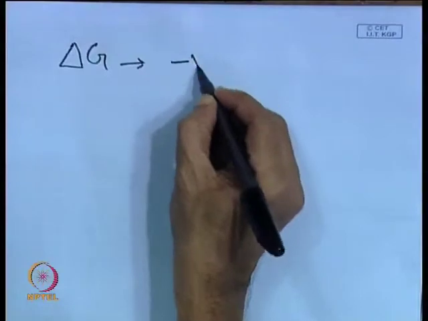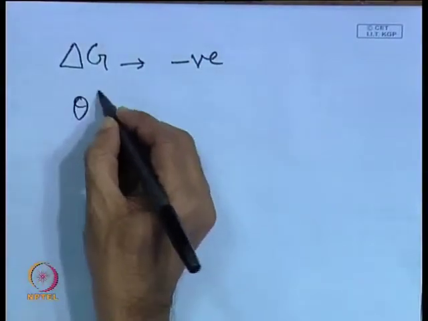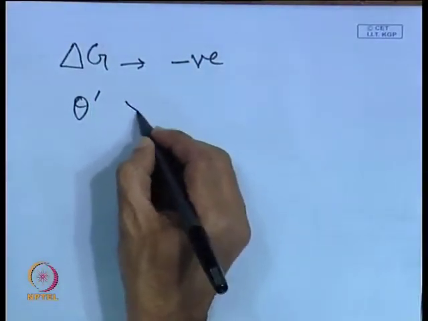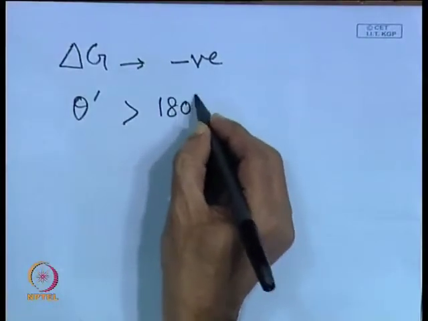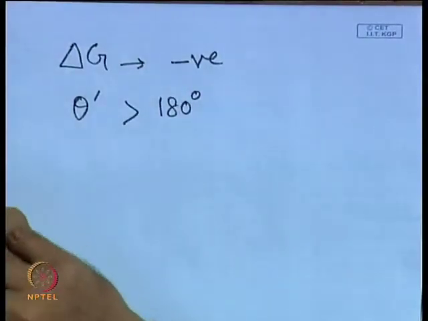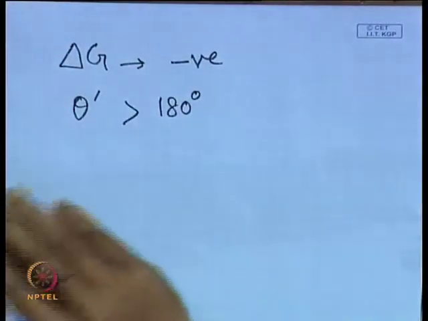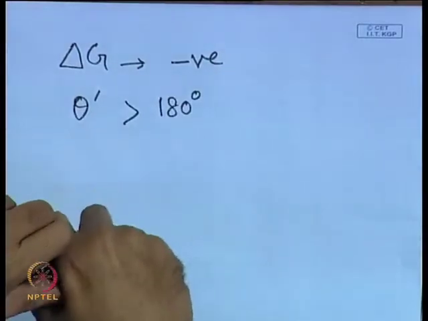Now, delta G will become negative if theta dash becomes greater than 180 degrees. Physically, what does it mean? Physically, it means that even without any degree of superheat, even when the liquid is not saturated, a negative superheat, there could be formation of a vapor bubble.